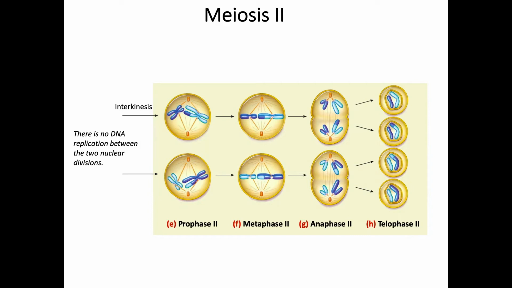In meiosis 2, the 2 chromatids separate, and the X shape now becomes like an I. So the division is quite like a mitosis. But because there's no DNA replication, the genetic material is cut in half. So at the end, 4 haploid cells will be generated. 1, 2, 3, 4.